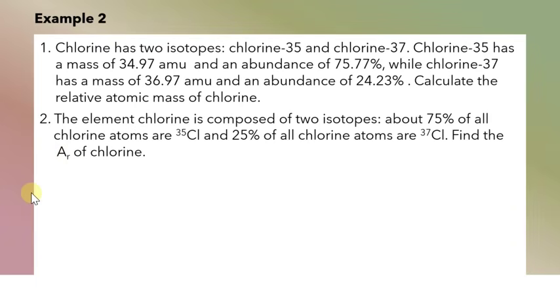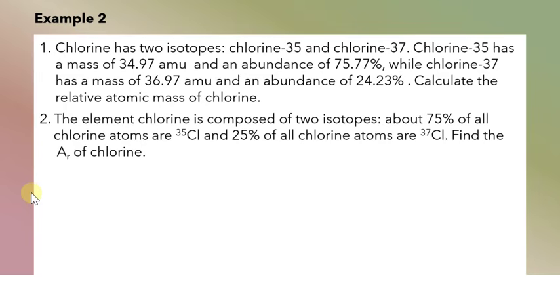So we have example 1 here, which says chlorine has 2 isotopes, chlorine 35 and chlorine 37. Chlorine 35 has a mass of 34.97 AMU and an abundance of 75.77%, while chlorine 37 has a mass of 36.97 AMU and an abundance of 24.23.